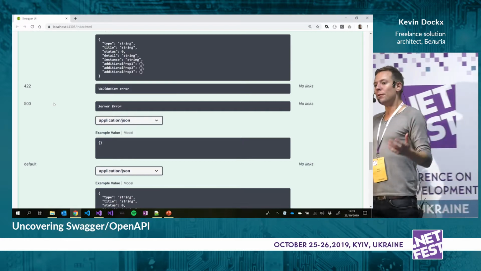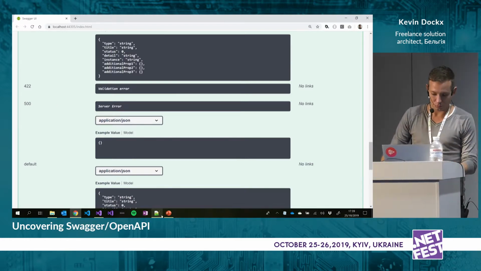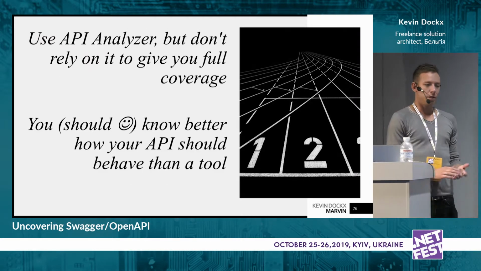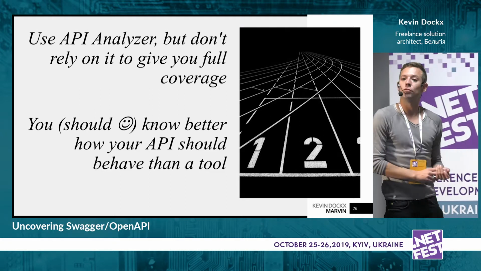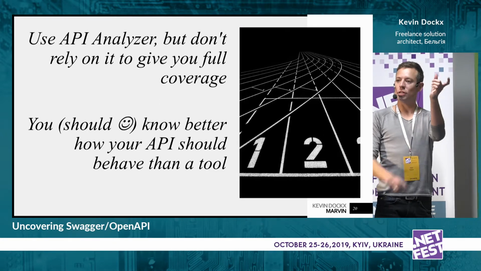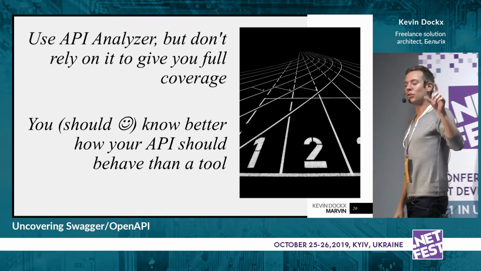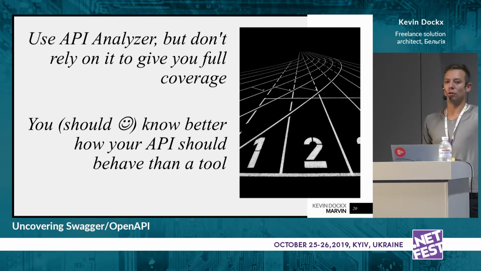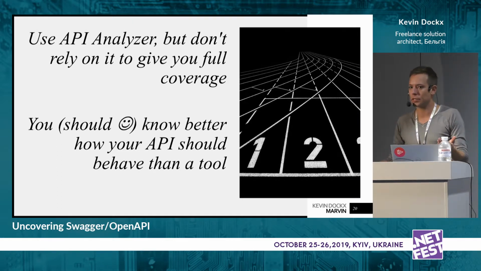So API analyzers help, but they're not really foolproof yet. As you've seen, it also added the ProducesDefaultResponseType attribute, which I already added globally. So it doesn't really make sense that it gets added again.